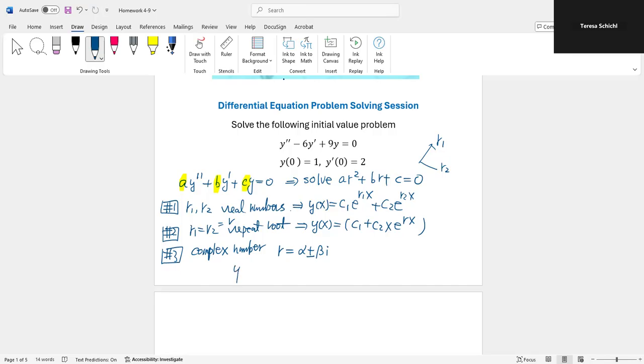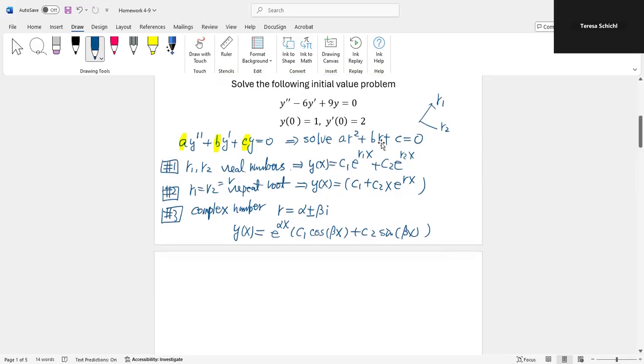So my general solution y of x can be written as e to the alpha x times c1 cosine beta x plus c2 sine beta x. Hope that we will remember this.